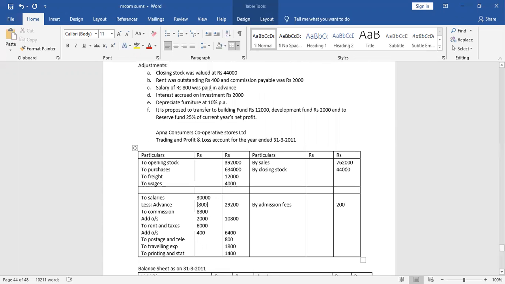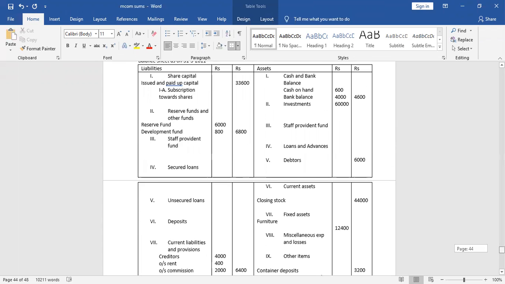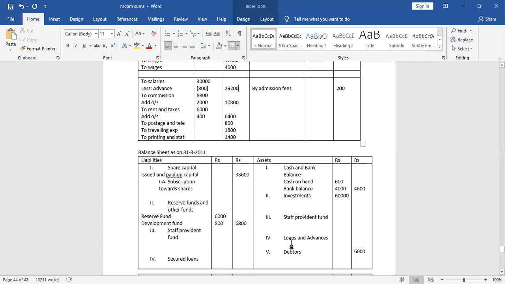So this prepaid comes under loans and advances. Under loans and advances we will write salary paid in advance. Salary paid in advance is 800.